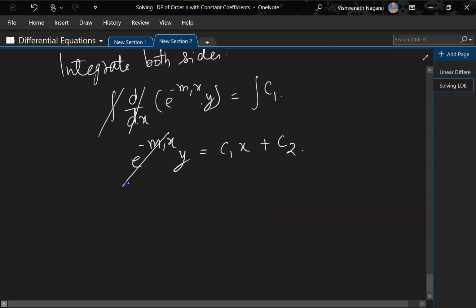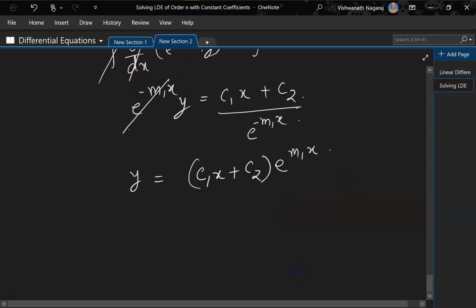Now we take this to the other side, e to the power of minus m1x, and we can take it to the numerator. So y equals c1x plus c2 times e to the power of m1x.